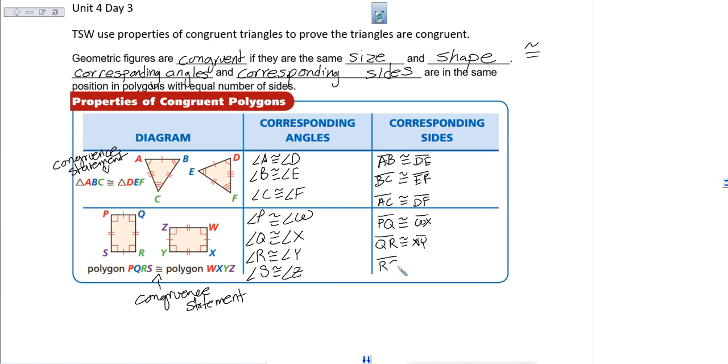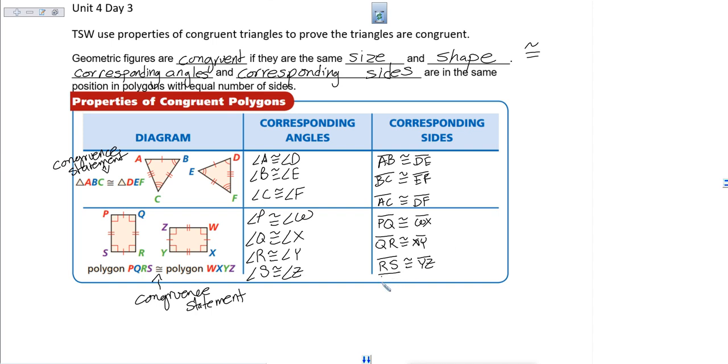Then we have segment RS being congruent to segment YZ because those are the third and fourth letters in our names. And we need one more side because this is a four-sided shape, it's a four-sided polygon. It's a rectangle. That means we need our first and last letters.